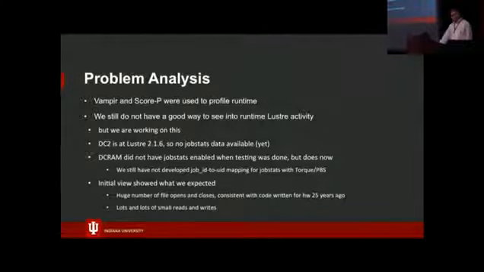And we still have a little bit of an issue with not being able to see into the runtime Lustre activity. So I have the job stats turned on, and we have counters and that sort of thing, but it's a bit of a challenge to be able to see into the runtime and be able to say, this activity is tied to that activity.